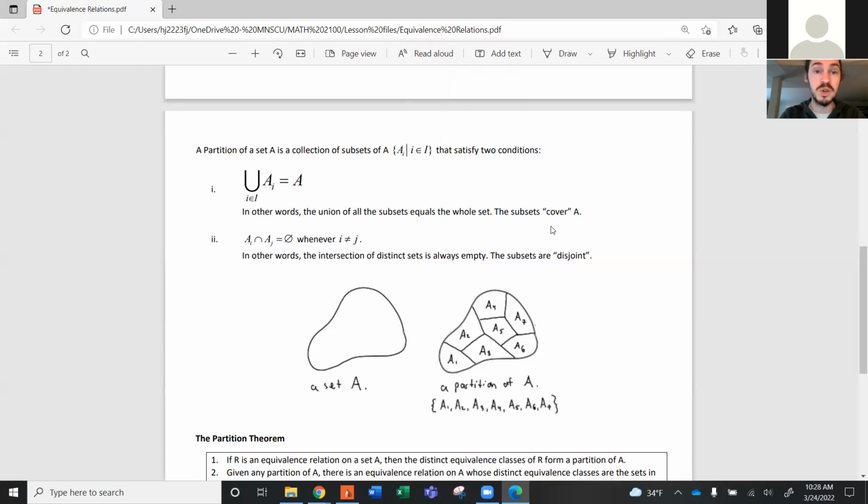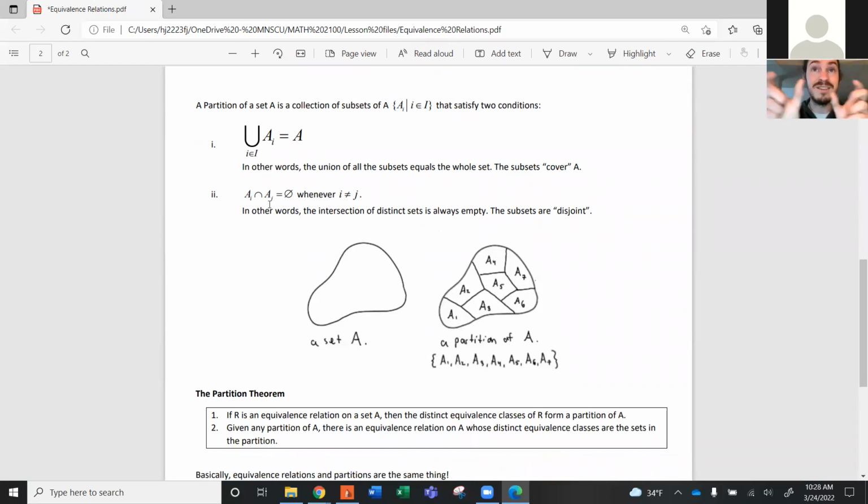The other rule is that distinct subsets in the collection have to be disjoint, which means their intersection is empty. So there's no overlap between the subsets. Those are the two things you need to call the collection of subsets a partition of the total set. They cover the whole thing, and there's no overlap.